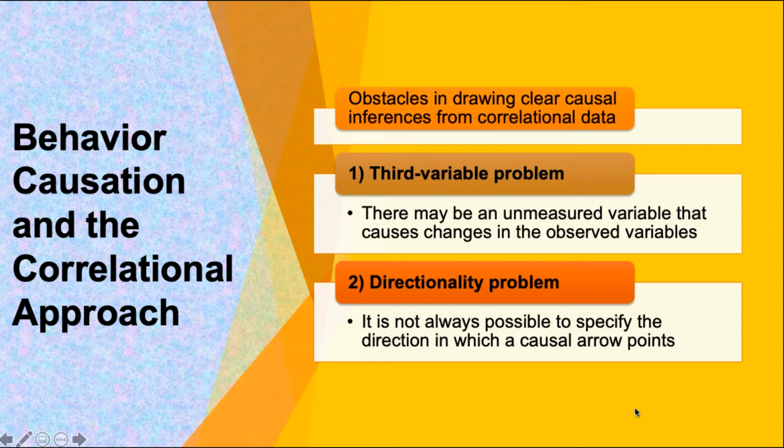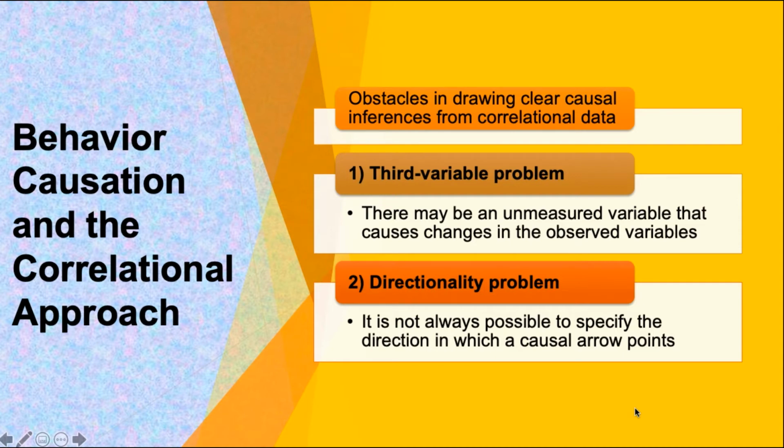So the two observed variables may be strongly correlated even though neither variable causes changes in the other. In order to resolve the third variable problem, we must examine the effect of each potential third variable to determine whether it does in fact account for the observed relationship or not.